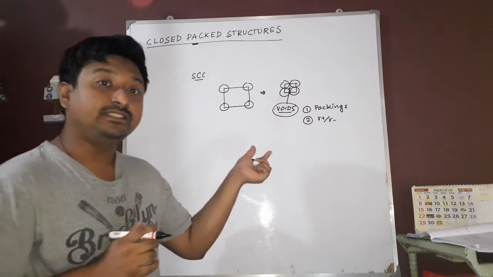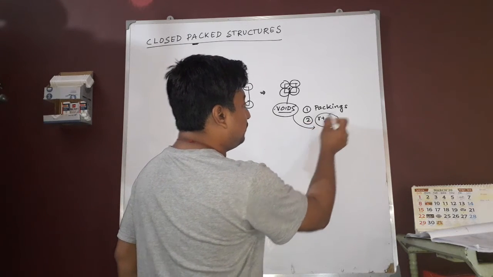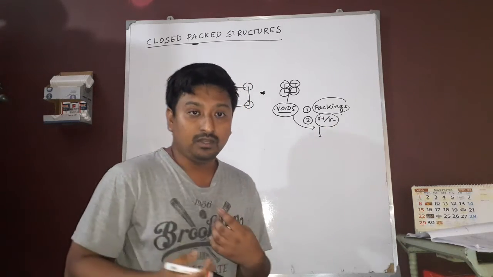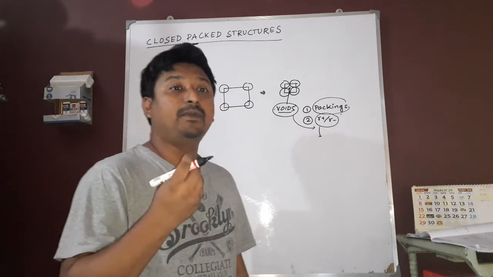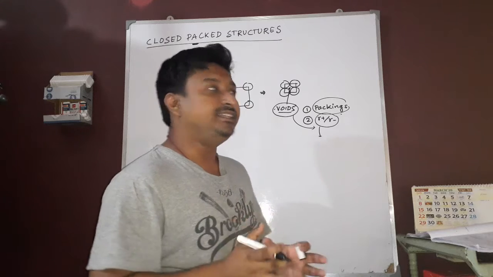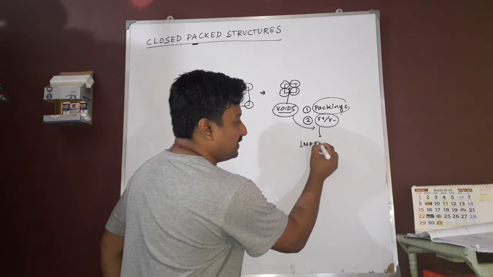This radius ratio, these voids and this packing together will tell us about the imperfections and the perfection of the crystals. The abnormality in this radius ratio and the voids leads to imperfection of crystal.